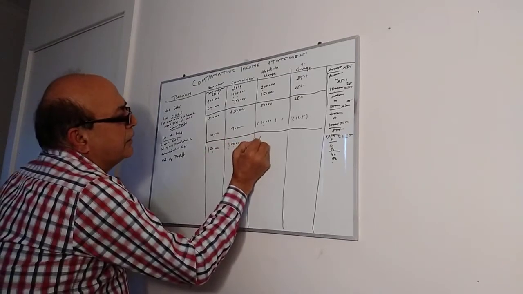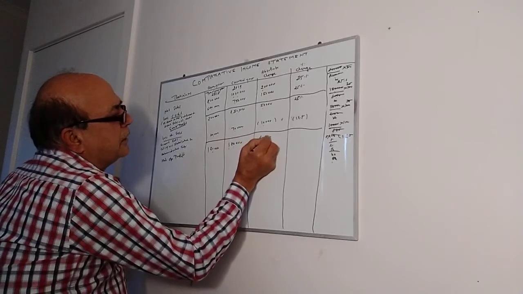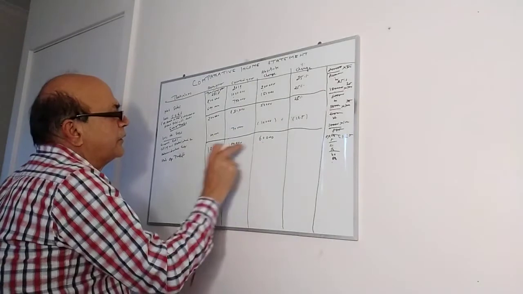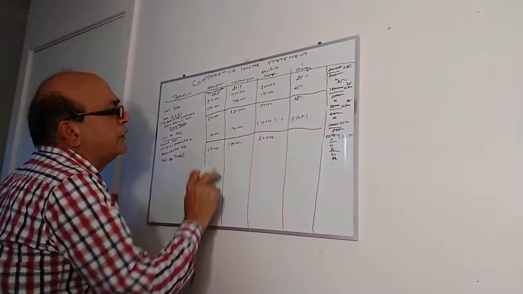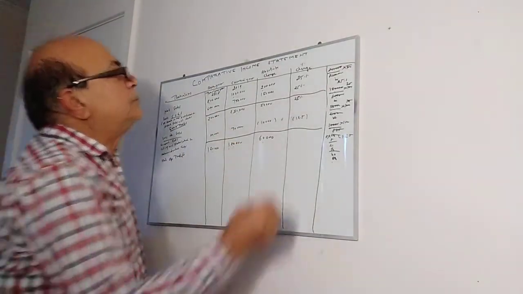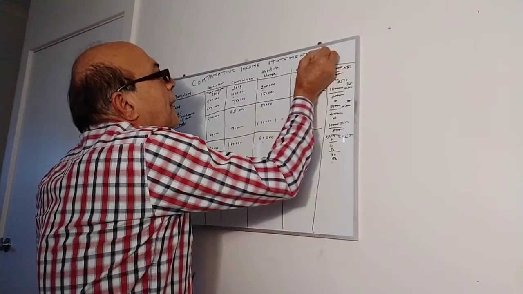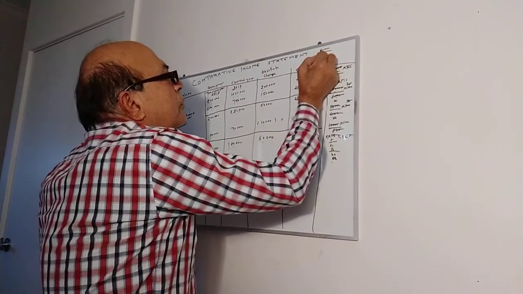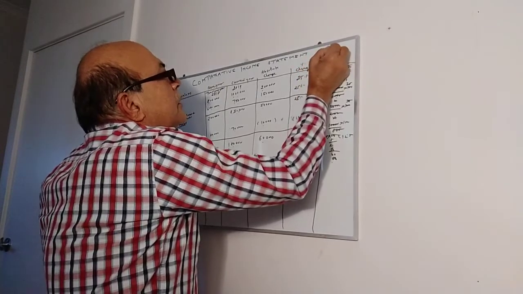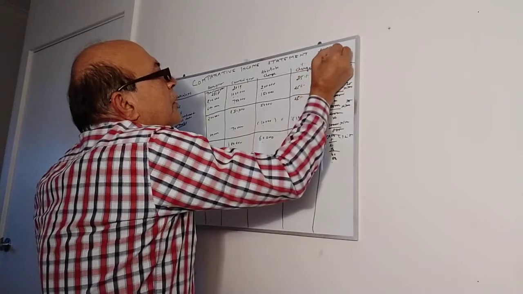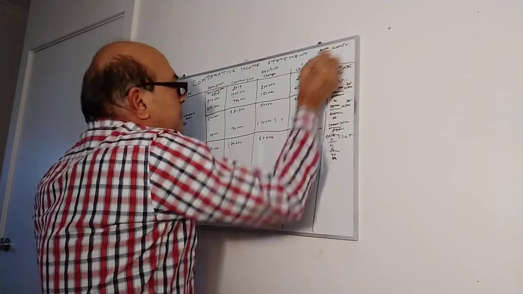By how much? 60,000. So what would be the percentage change? 60,000 upon 1,20,000 into 100. That is 50%.